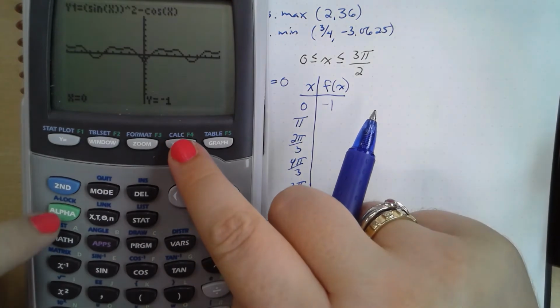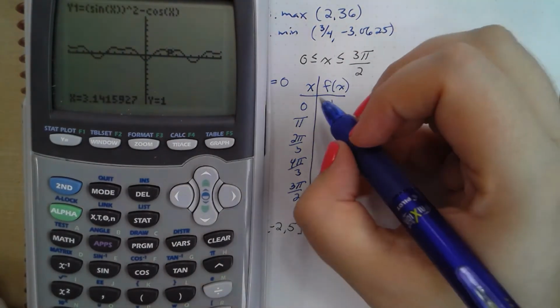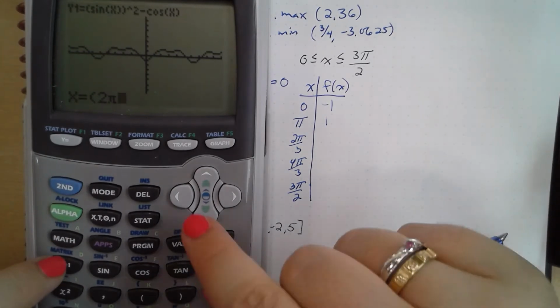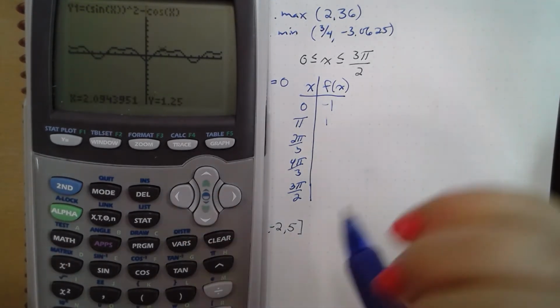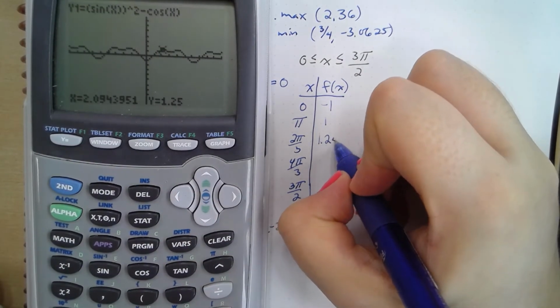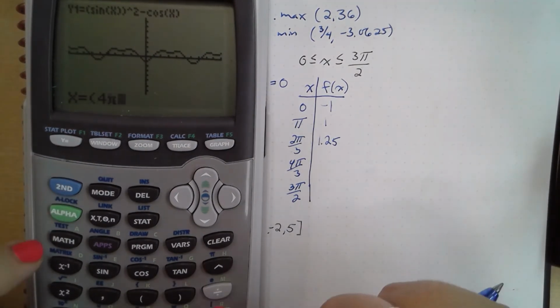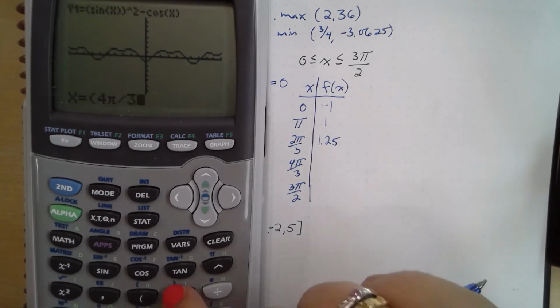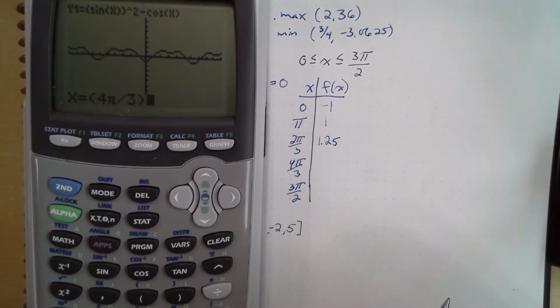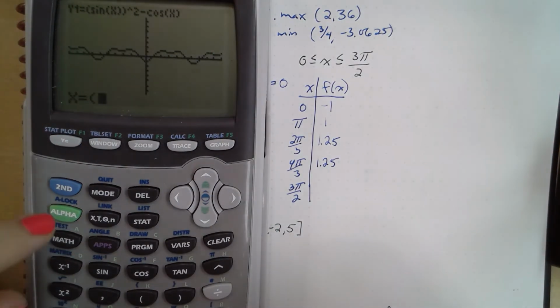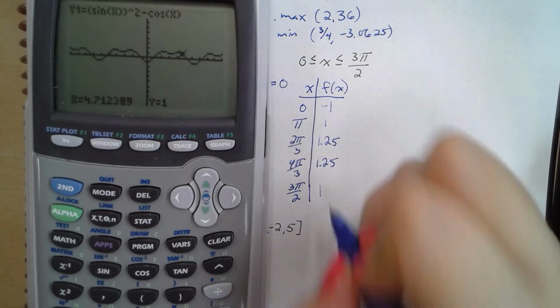At pi, we are at 1. At 2 pi over 3, we're at 1.25. At 4 pi over 3, we're at 1.25. And at 3 pi over 2, we are at 1.